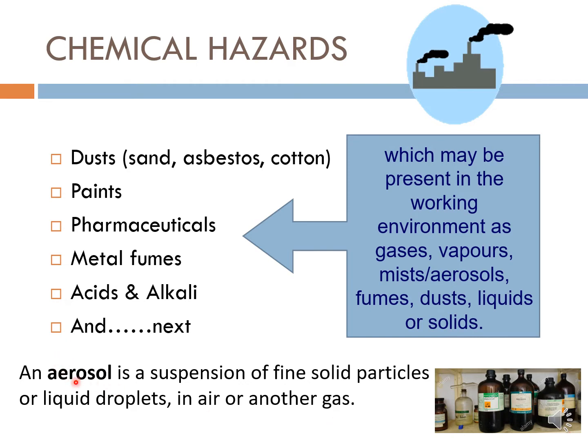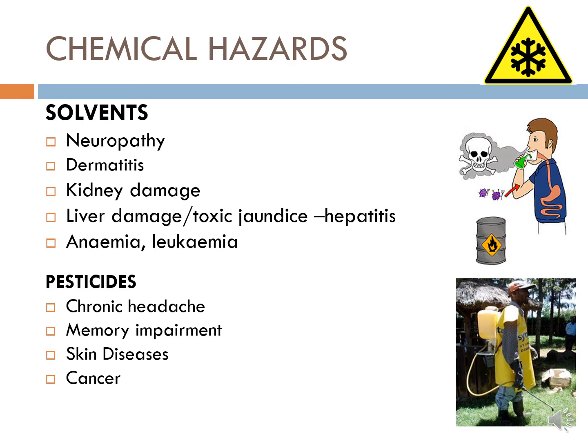For instance, this is the aerosol or droplet, and they are suspended in the lab environment. If you open some chemical, it might come out and be suspended, and they are very dangerous, of course. In the case of solvents, they can affect the nerves, the skin, the kidney or the liver, as well as cause leukemia and anemia.